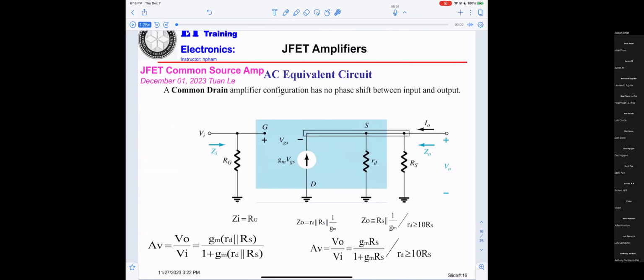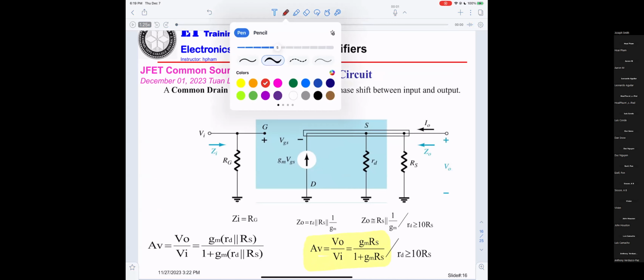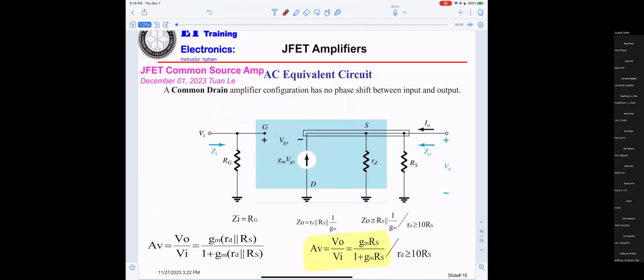And this is basically just the AC. They just give it to you. AV, if you want to calculate the gain, this is the formula. Not using this one. You know why? The thing is they're using small r d, that means this resistor right here. We don't do it.